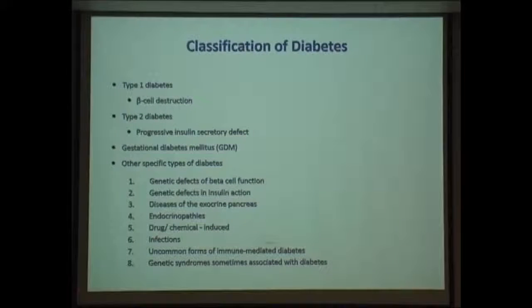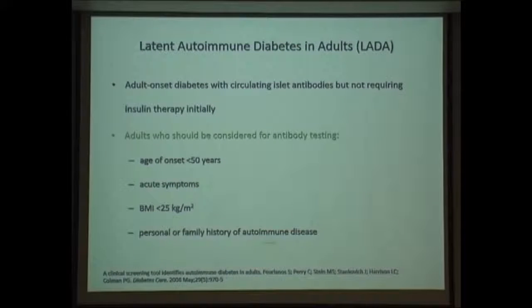Then you come to the other section of the population, where you have to classify what type of diabetes the patient is suffering from. So this is a classification of diabetes that we use for our practice so that treatment can be guided. So we have commonly type 1, type 2, gestational diabetes, and then the secondary types of diabetes. And there is an entity called latent autoimmune diabetes of adults, which we are seeing very commonly these days.